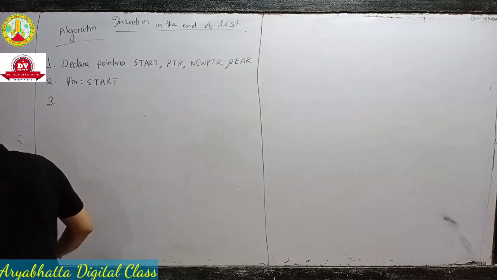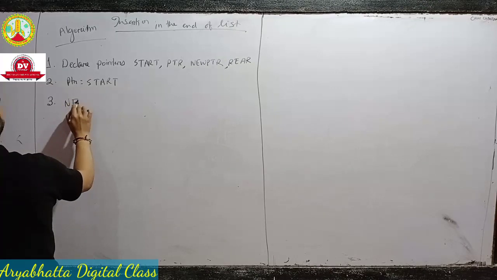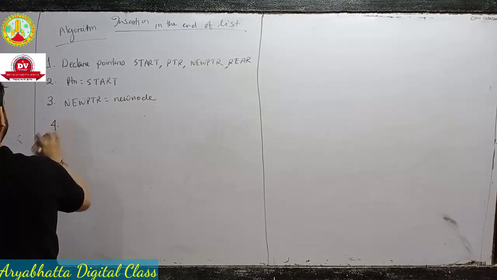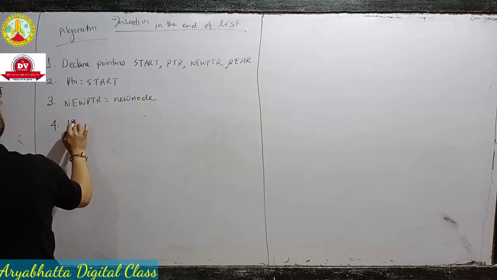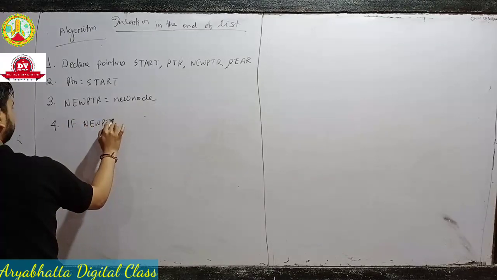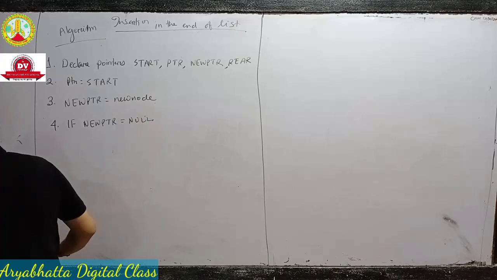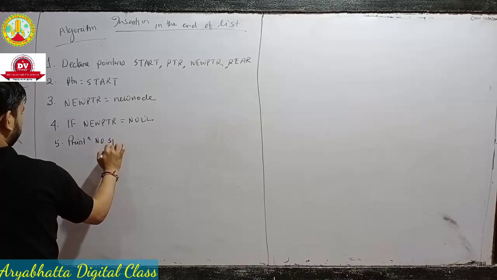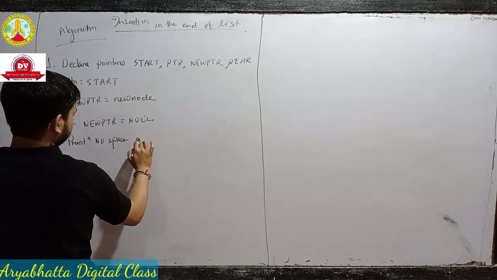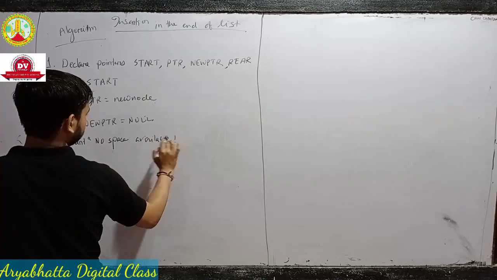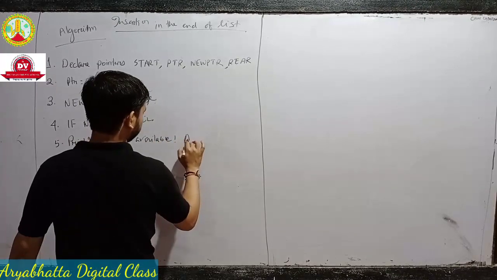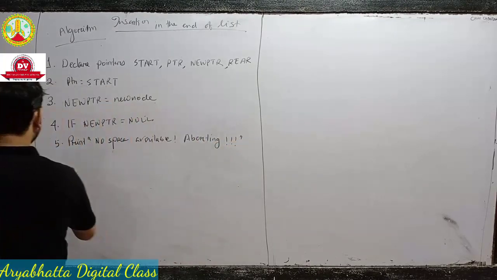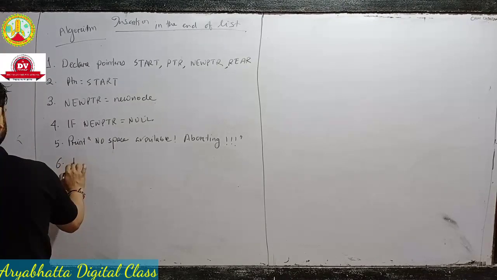New ptr is equal to new node. If new ptr is equal to null, no space available, aborting, exit.